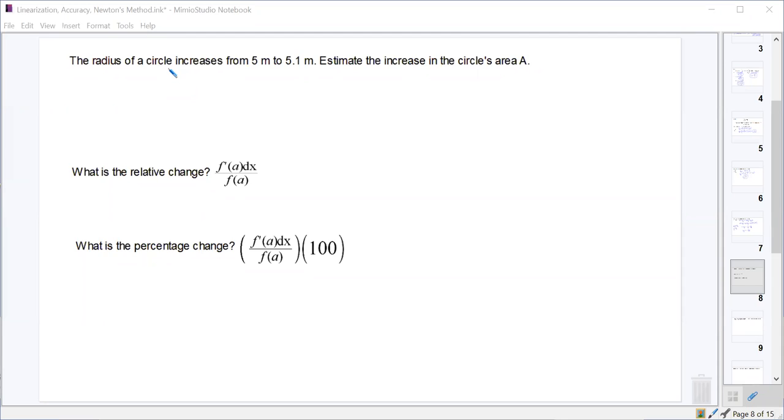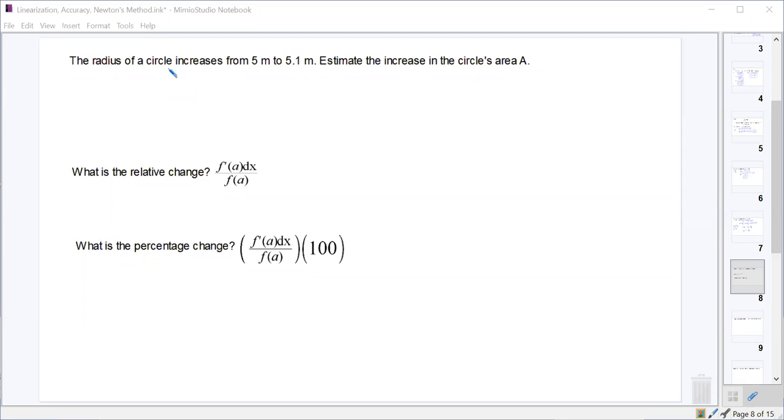So we should be able to easily estimate the increase in the area. Even though we could find the exact change in the area, we're going to just estimate it because this is an easy function, but there are plenty of other more difficult functions where you might need to estimate it because you can't easily find it. So what formula do we need to use to figure out an increase in the area of a circle?